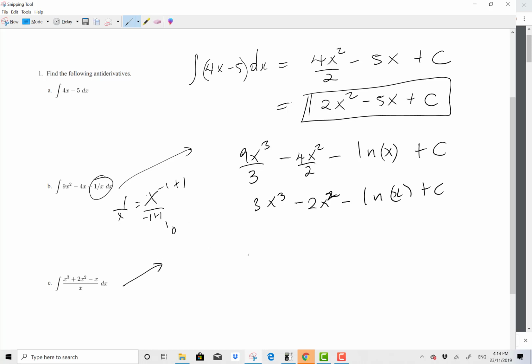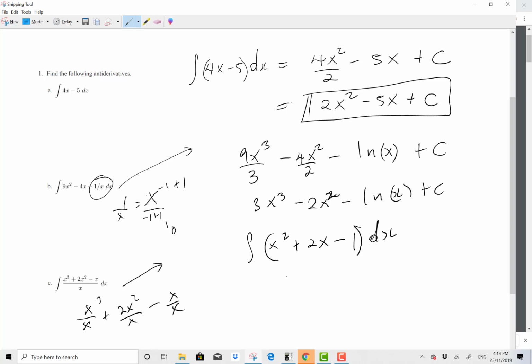The simplest way to do this before we start the integration process is to simplify. If I divide everything by x, so we have x cubed divided by x plus 2x squared divided by x minus x divided by x, that would make life a little bit easier. So I'm going to have the integral of x squared plus 2x minus 1 dx.